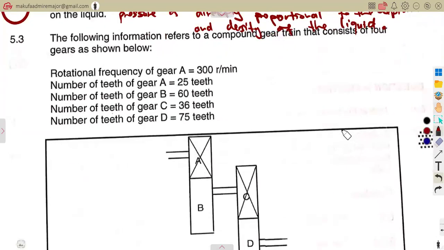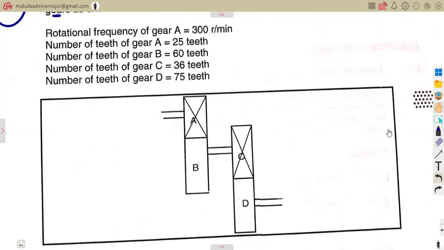All right, 5.3, we are given the following information that refers to a compound gear train that consists of 4 gears. We are given the rotational frequency only of gear A, which is 300 revolutions per minute. We are given the number of teeth on gear A, gear B, gear C, and also gear D. This is what you're given.